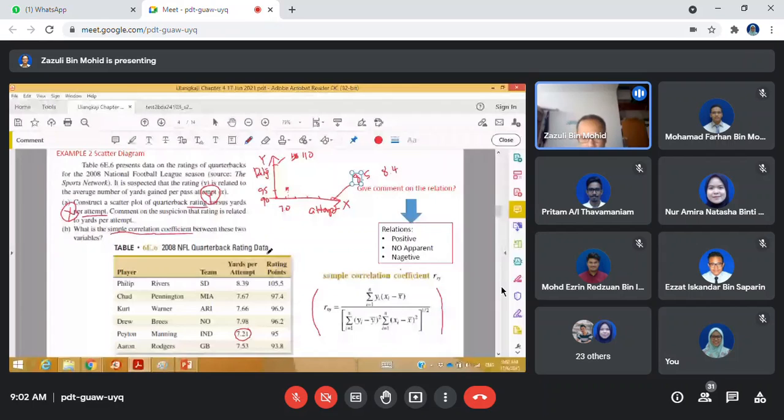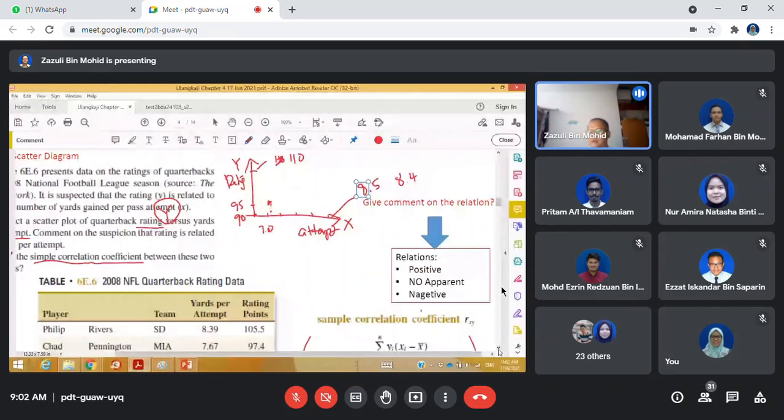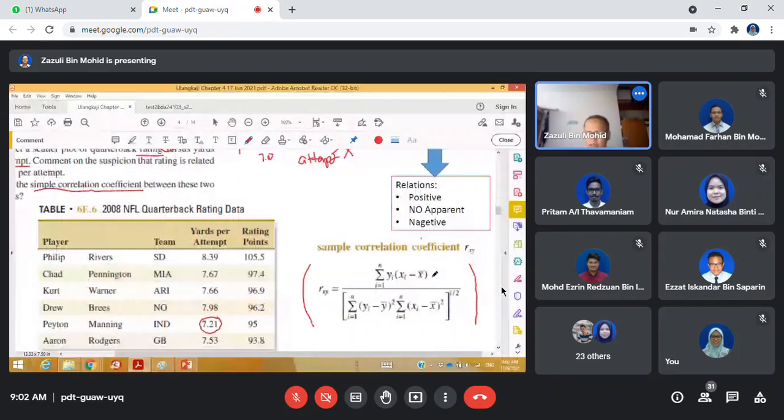Rxy refers to the correlation coefficient. Rxy is the accumulation of y value times x value minus mean x.